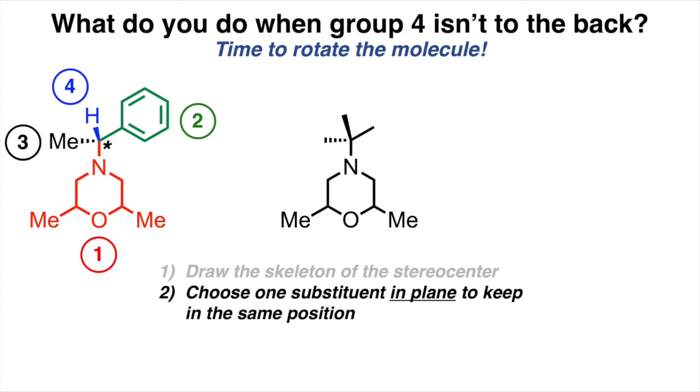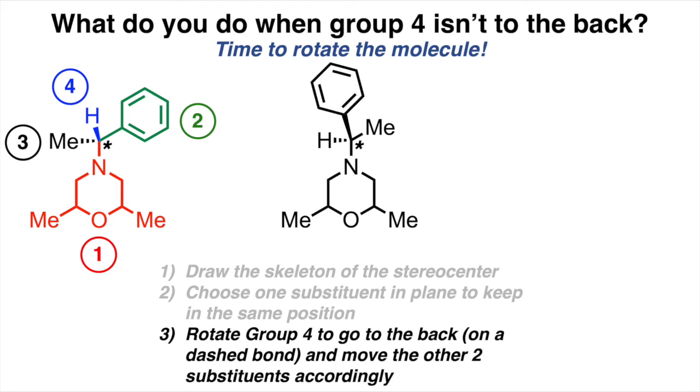Next, we're going to rotate group number 4 to go to the back, which would be on a dashed bond. And then we're going to move the other 2 substituents accordingly. So notice that in the original molecule, for hydrogen to move to the dashed bond, it had to move counterclockwise. That means you're also going to move the methyl group and the phenyl group also in a counterclockwise fashion.